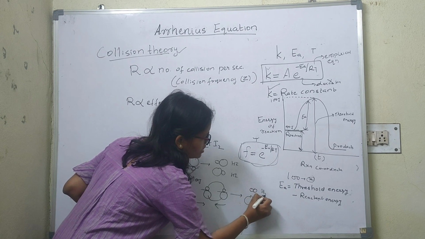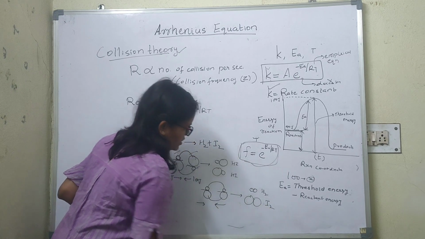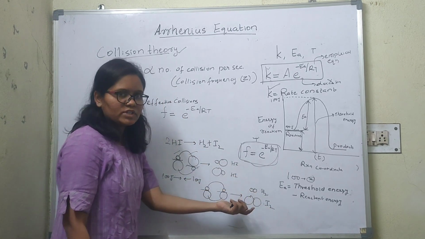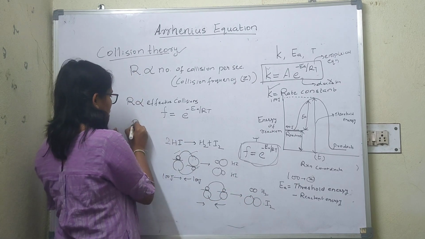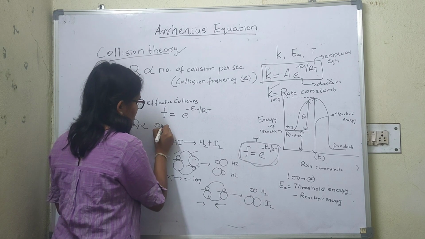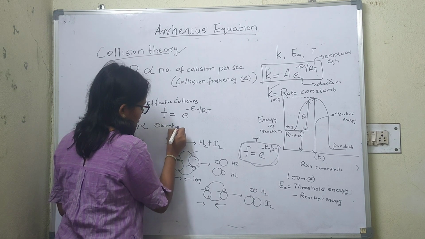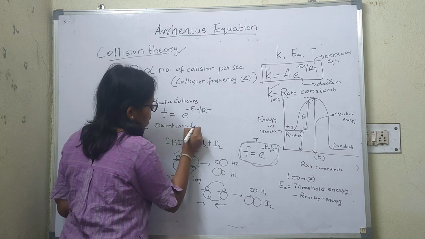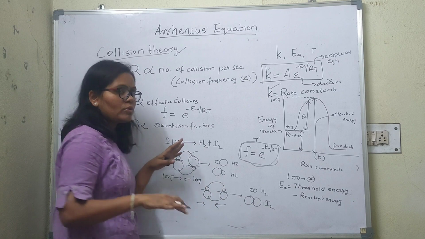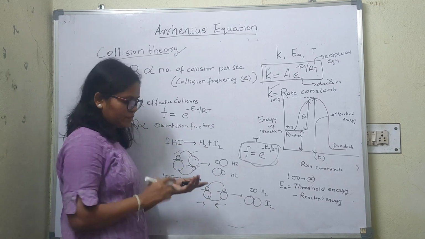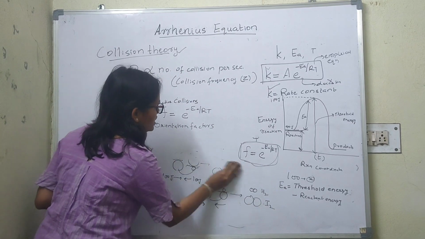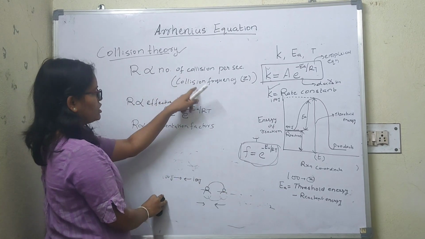So this is hydrogen, this is iodine. Proper orientation will give us our products. So rate of the reaction is also proportional to a factor called the orientation factor. The reactant molecules need to be properly oriented during collision.